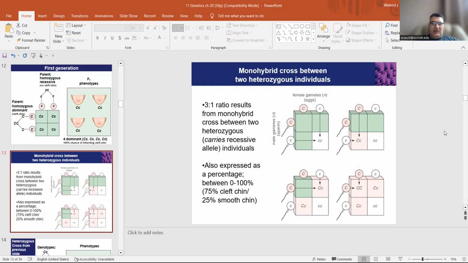Remember the random assortment that we talked about and the crossover, the two things that make us different. There are chances, and the chance doesn't change. Translation: what are the chances of my first kid to have the cleft chin? 75%. What are the chances he doesn't have it? 25. How about my second kid? No difference. Same chance, and so on.